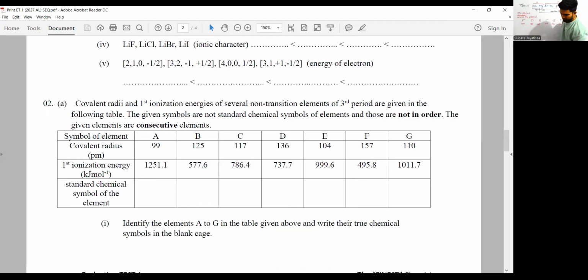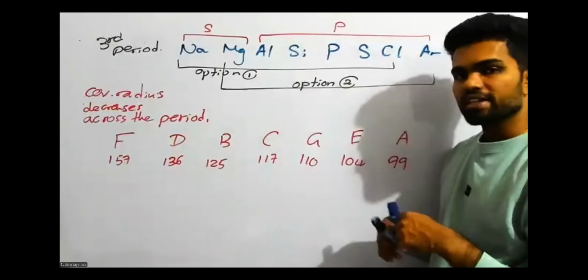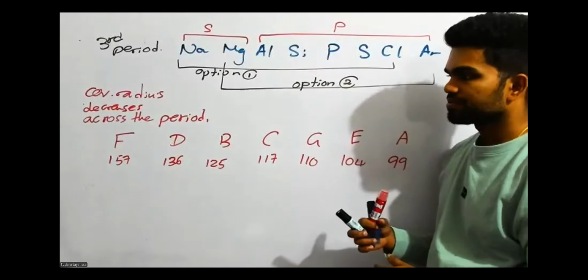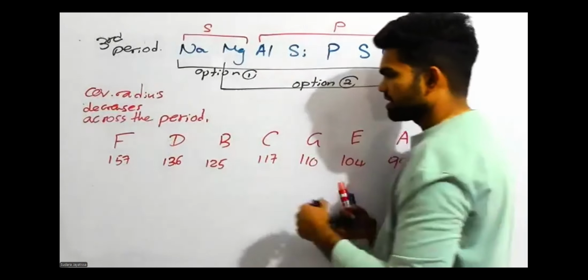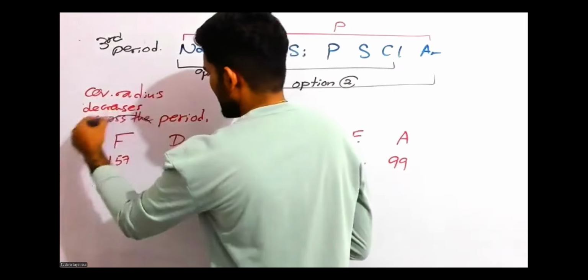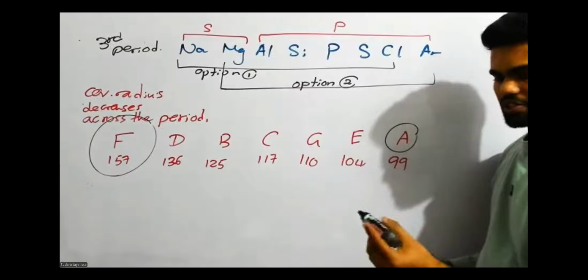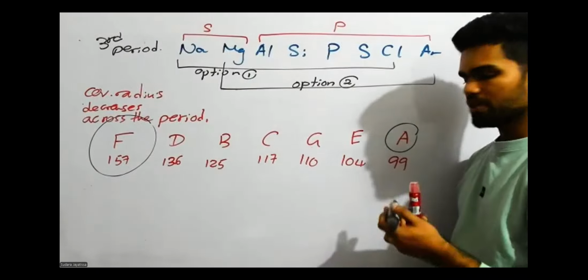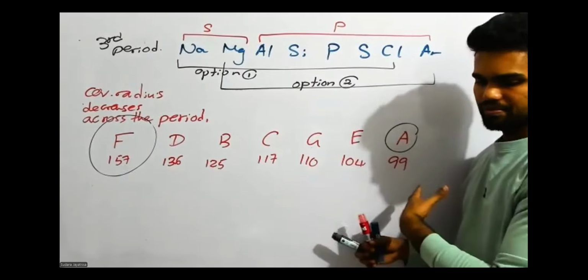Understand, Lamai? So first of all, understand about the radius. Radius decreases across the period, right? So F should be the one with the largest size, and related to that, these should be smaller. Across the period, radius decreases. We all know that. So arrange the given values in descending order, right?